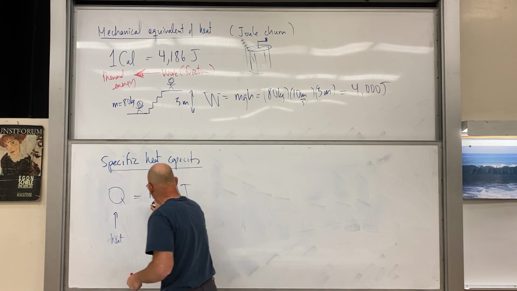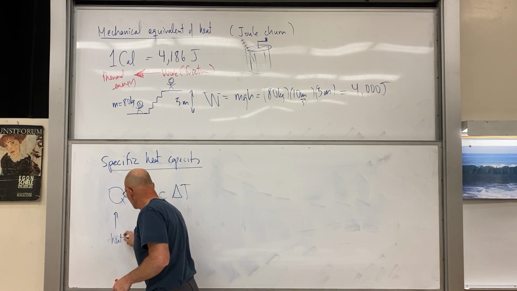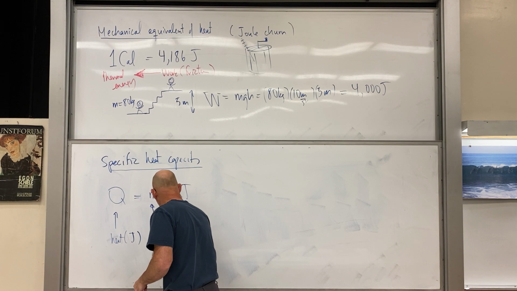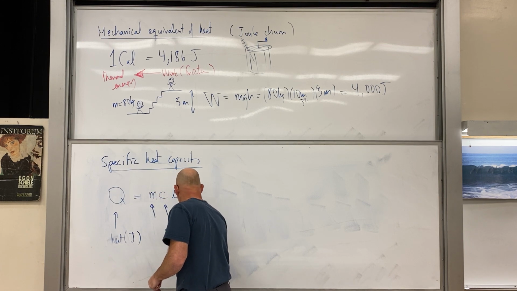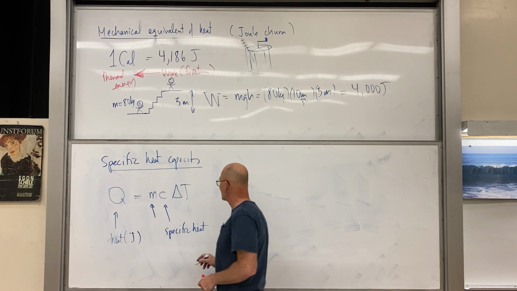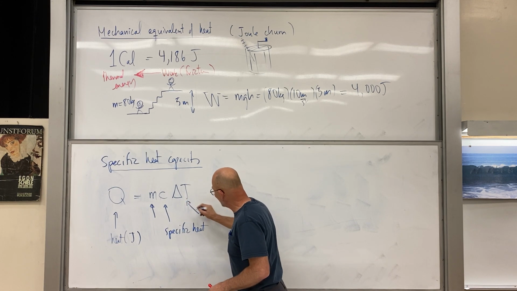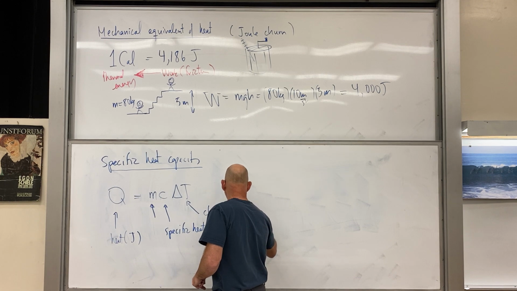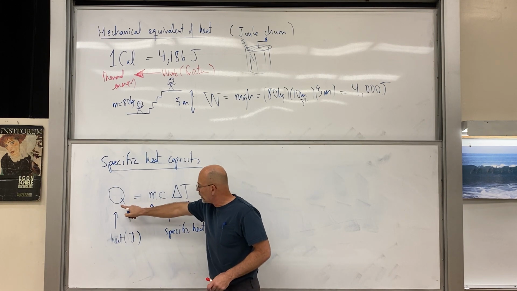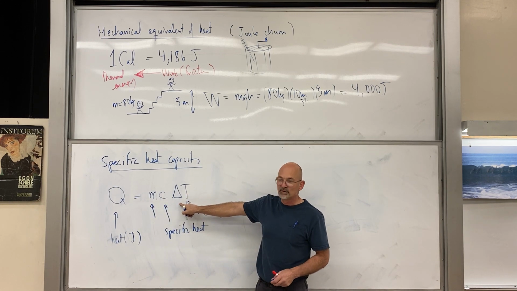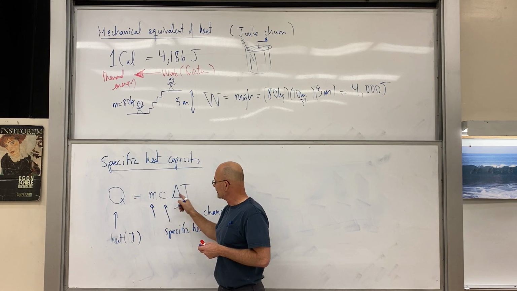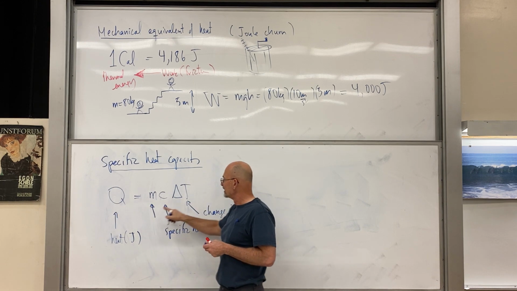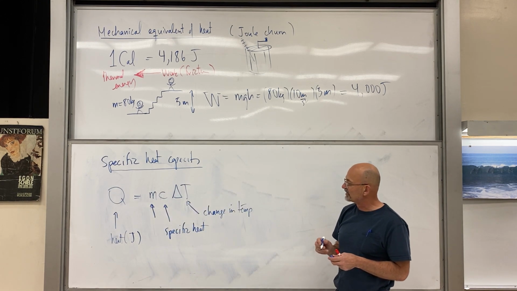So this is mass, this is heat in joules, this is specific heat, or specific heat capacity, and this, of course, is the change in temperature. So we could say if the energy flows into something, it's going to raise the temperature, and if the energy flows out, it's going to decrease the temperature. So we can even have a plus and minus sign here, depending upon whether the temperature increases or decreases.